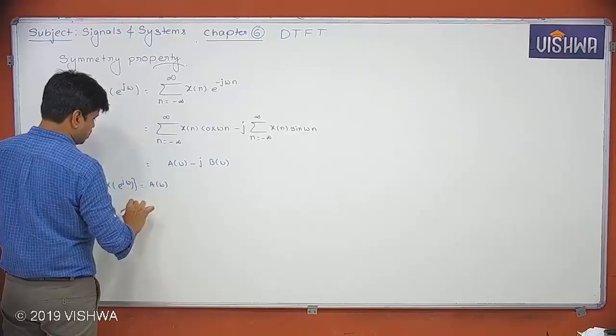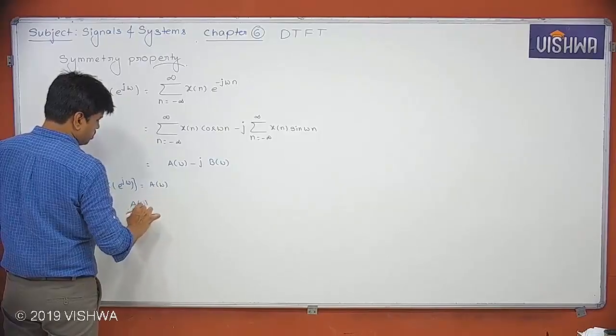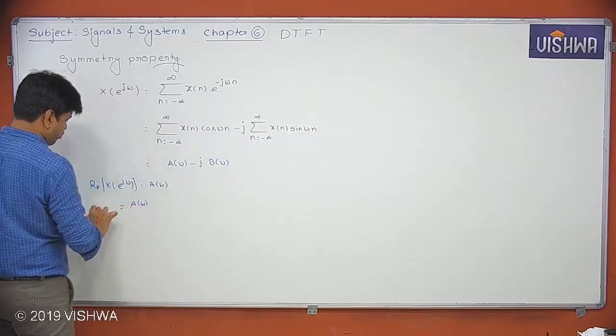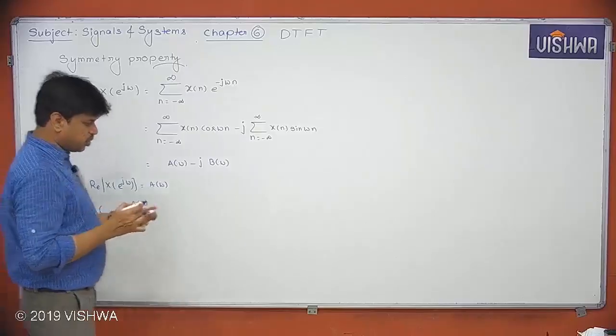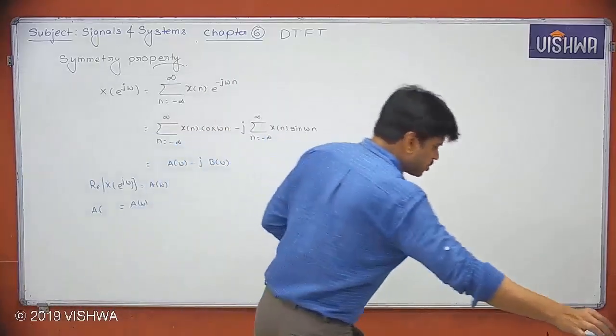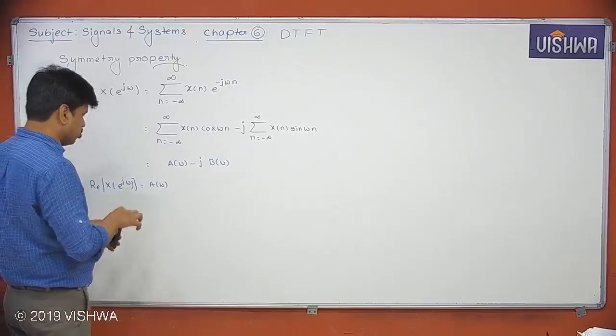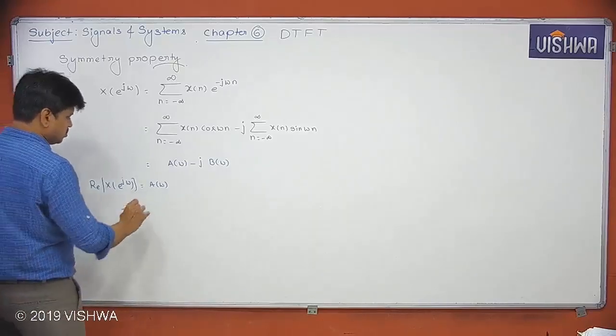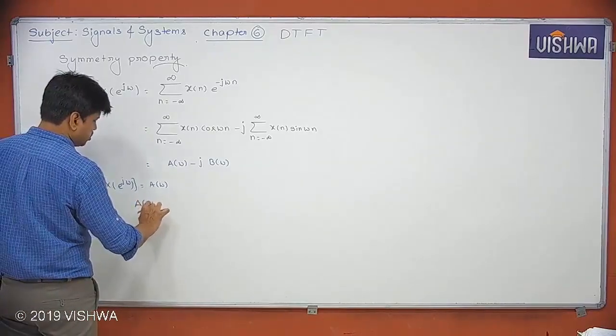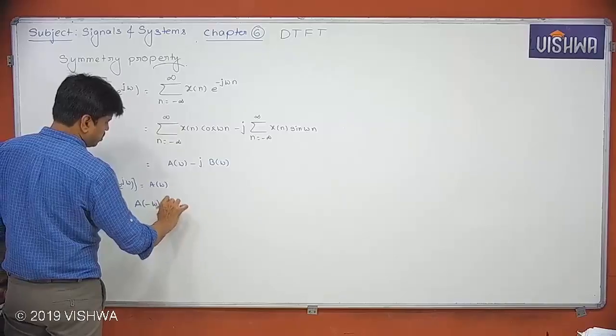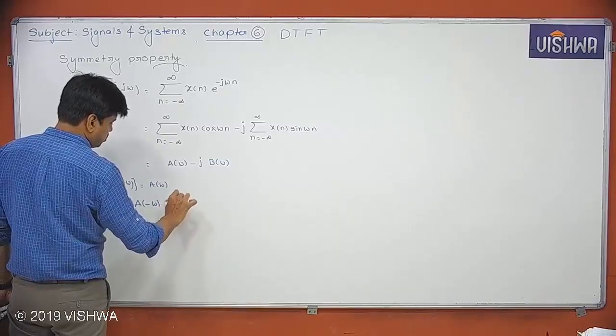Here, if I take A of minus omega, is it going to give you the same answer? That means the real part is an even function of omega. A of minus omega is equal to A of omega.